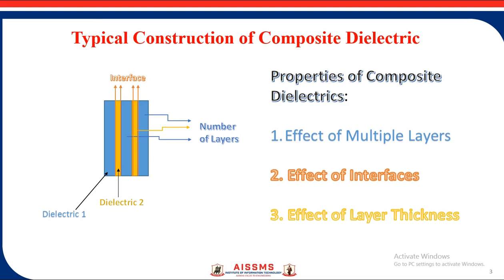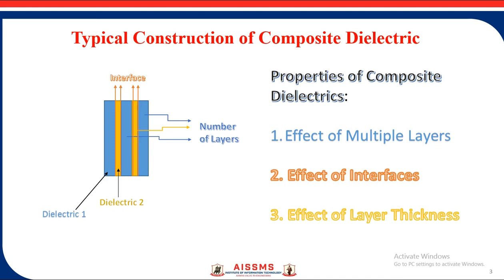The simplest composite dielectric consists of two layers of the same material, or it can be many layers of different materials. Here the advantage is taken of the fact that two thin sheets have a higher dielectric strength than a single sheet of the same total thickness. The advantage is particularly significant in the case of materials having a wide variation in dielectric strength values measured at different points on its surface.